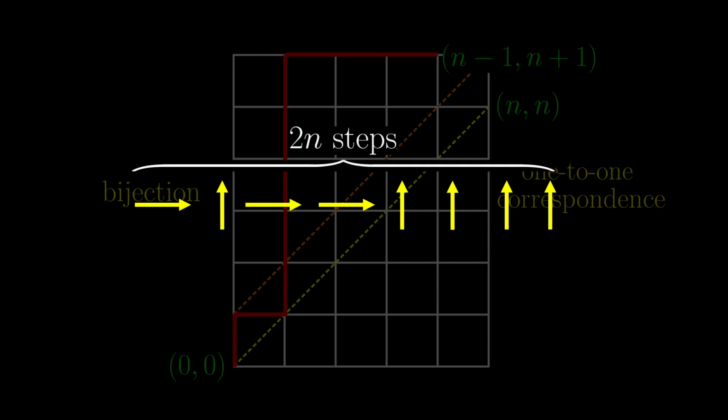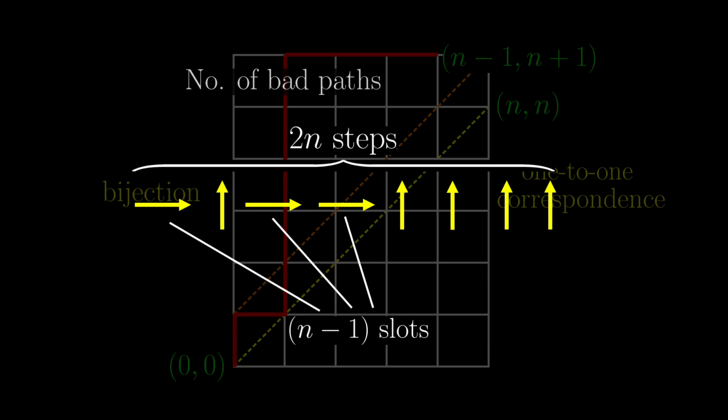But we have n-1 slots for the rights only. This is because the x-coordinate of the endpoint is now n-1. So now the number of bad paths is exactly 2n choose n-1.